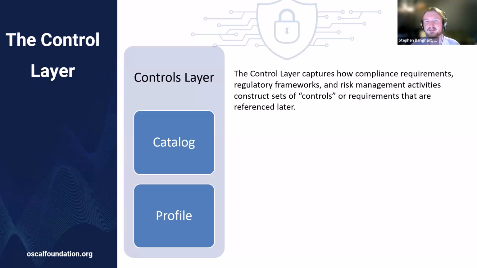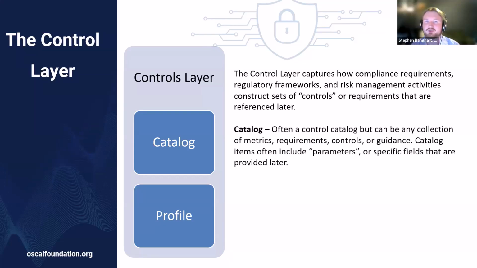When I say controls layer, I am trying to capture how compliance requirements, controls, regulatory frameworks, and various risk management activities tend to start with the definition of a large set of controls, a catalog or framework that provides a set of things that we can then reference later.